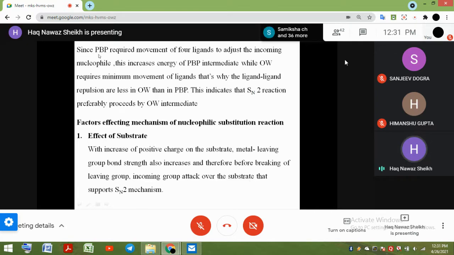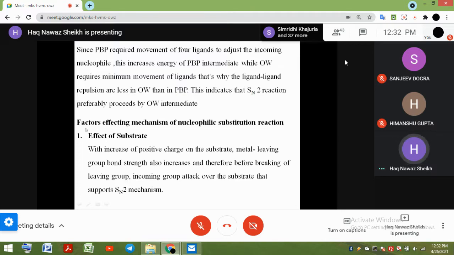Since pentagonal bipyramidal requires movement of the 4 ligands to adjust the incoming nucleophile, this increases the energy of the pentagonal bipyramidal intermediate, while the octahedral wedge requires minimum movement of the ligands, and that's why ligand-ligand repulsions are less in this than in the pentagonal bipyramidal. This indicates this SN2 reaction preferably proceeds via the octahedral wedge intermediate.